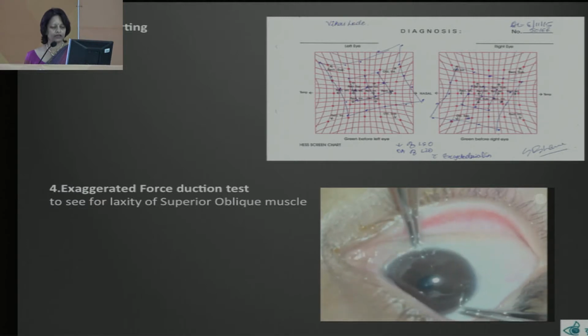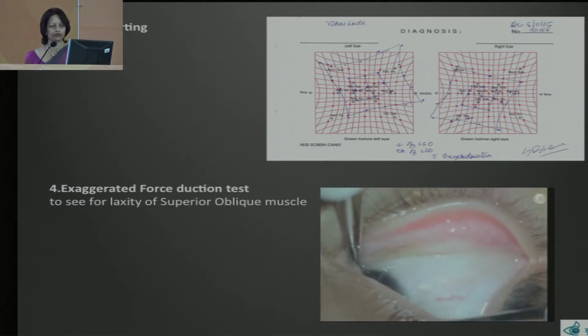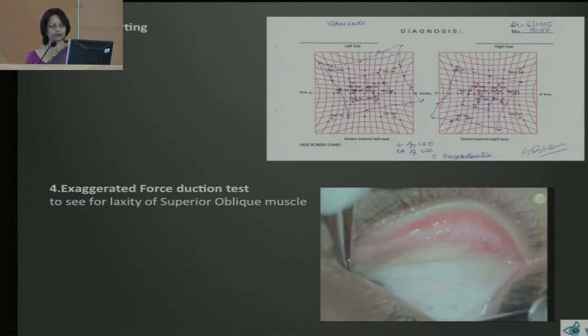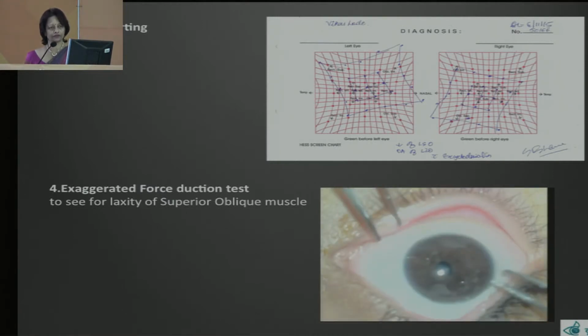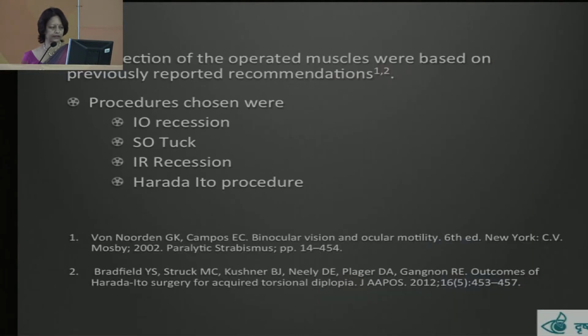Then on table we do an exaggerated forced duction test, that is we retropulse the globe in the orbit and see for the laxity of the superior oblique tendon, which helps us in deciding the surgical option. This is seen commonly in cases of congenital superior oblique palsies.